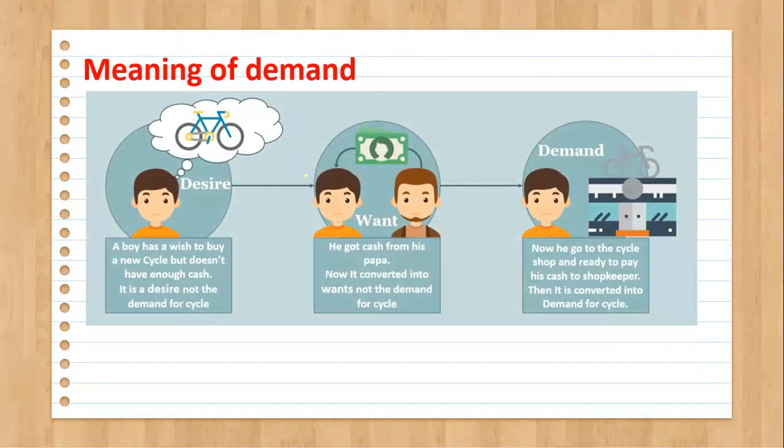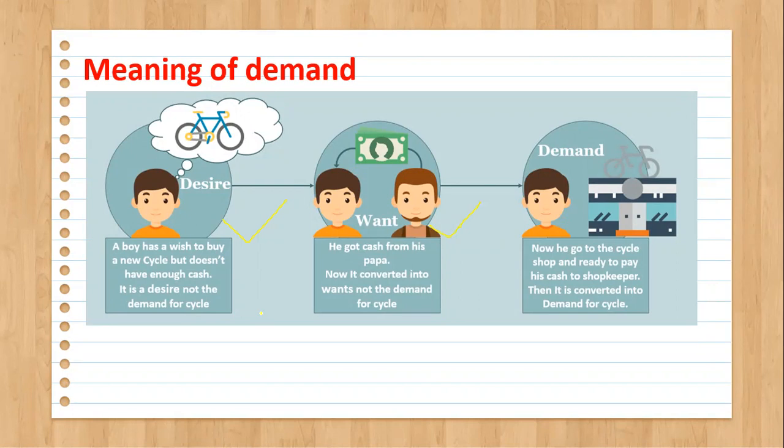When we see this image, it first talks about desire, then want. Now, if a boy wishes to buy a cycle but doesn't have enough cash, it is a desire and not the demand, right? Now, he has got the cash from his father, which means it is converted into a want, and still not the demand.